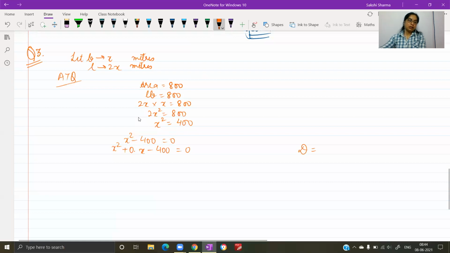What will be the discriminant here? 1600.